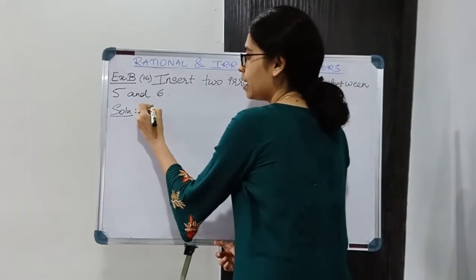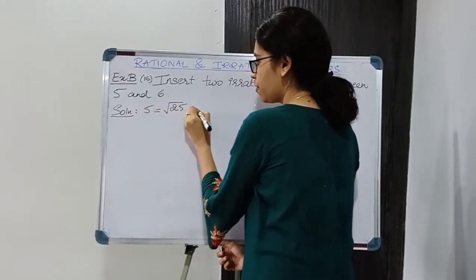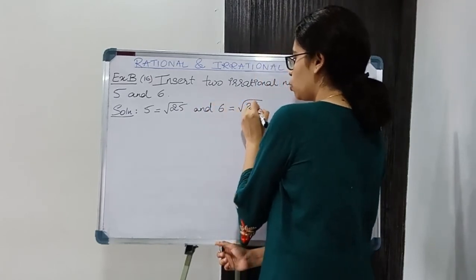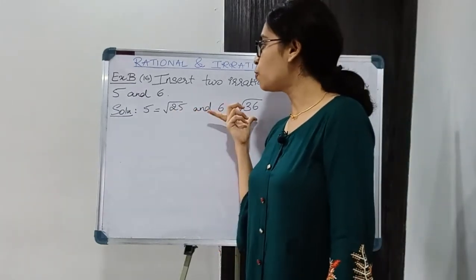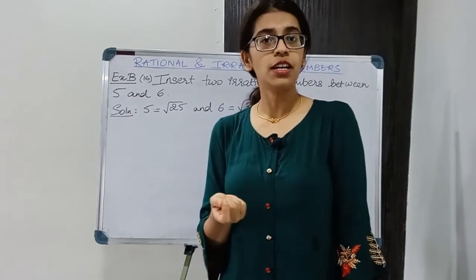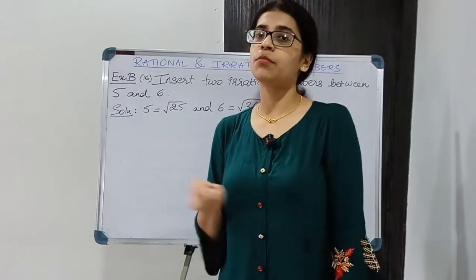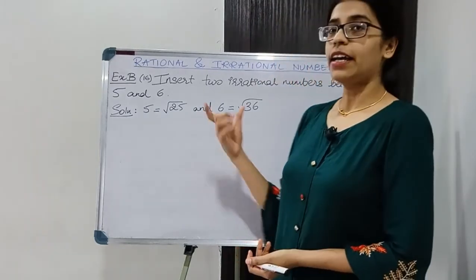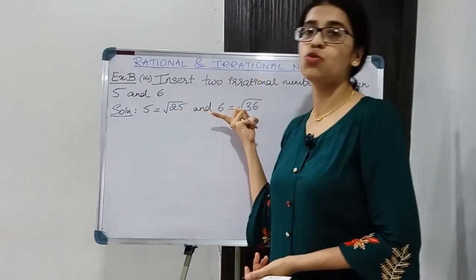So 5 is equal to square root of 25 and 6 is equal to square root of 36. I have expressed them in root form since irrational numbers are basically roots of rational numbers which do not have an exact value.